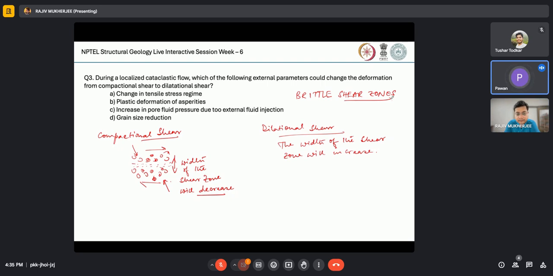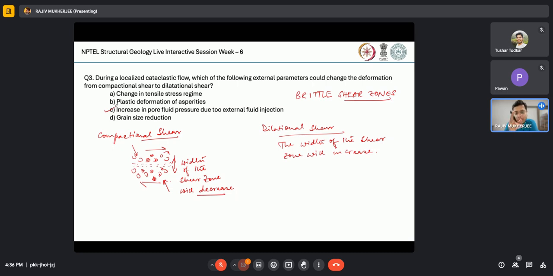But if we increase the pore fluid pressure due to external fluid injection, say hydrothermal fluid, then this width will be increased, no? Yes, exactly. So the increase in pore fluid pressure will eventually change the compactional shear to dilational shear, not because the stress regime is changing, but because it will change the pattern of the flow from localized cataclastic flow to a granular flow, right?